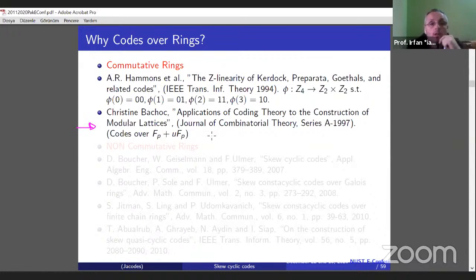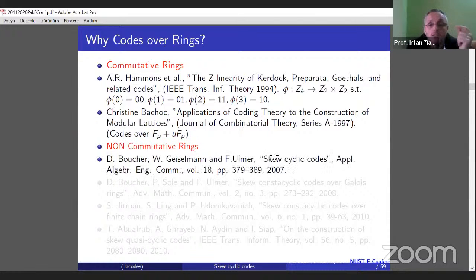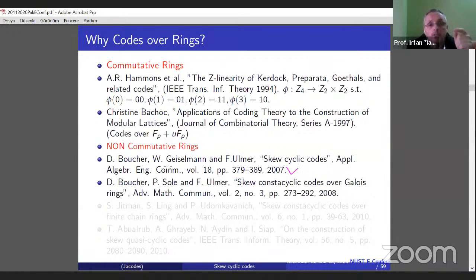Okay, and this is another nice paper, an early paper. There are many now, but since 2007, there is another paper which considers skew, non-commutative rings, but cyclic. And this is also important because, as I told before, we have a huge space of linear codes. So some of them are linear, some of them are nonlinear, and in the linear, some of them have specific structure, some do not.